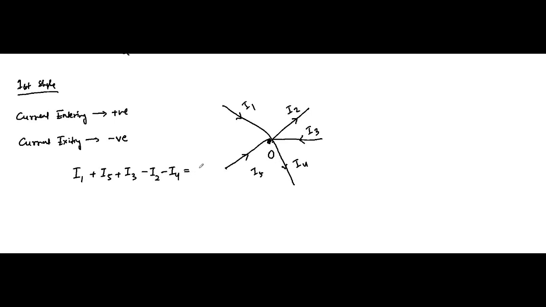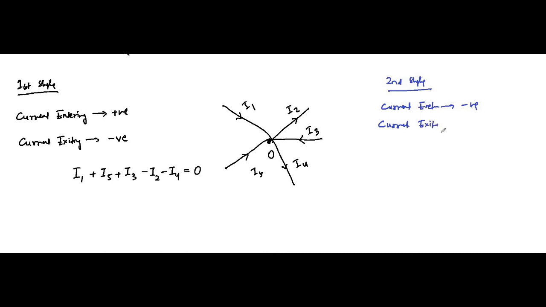The second style is just the opposite. It says that current entering or flowing into the node is negative and current exiting, flowing away from the node, is positive.